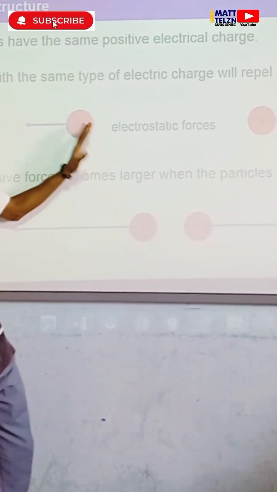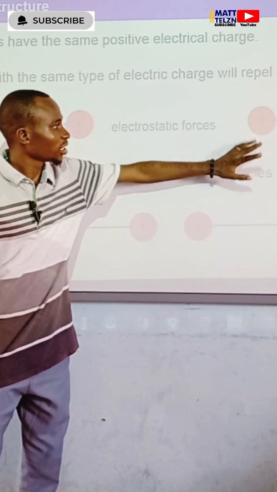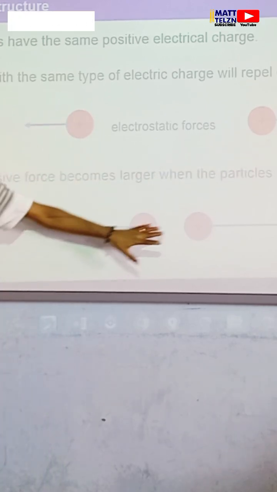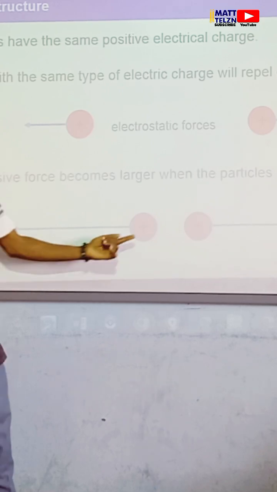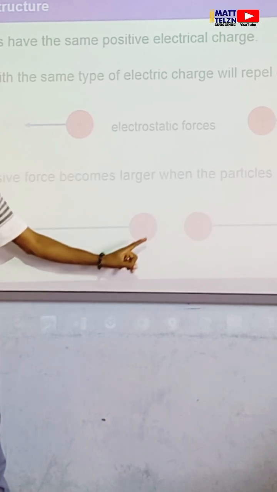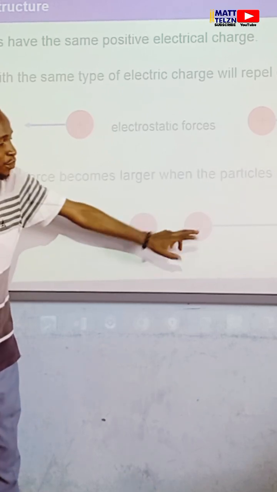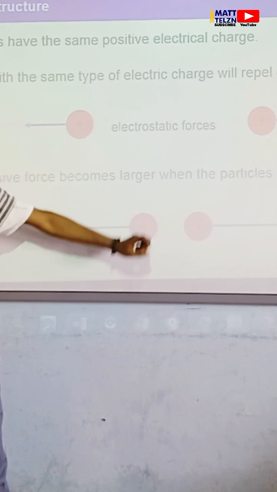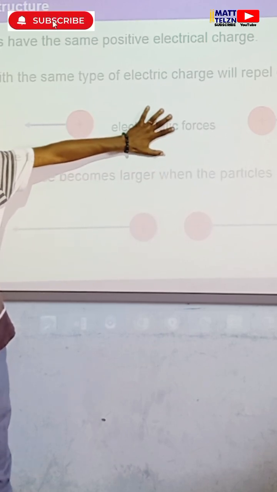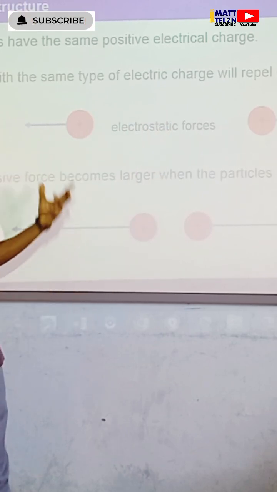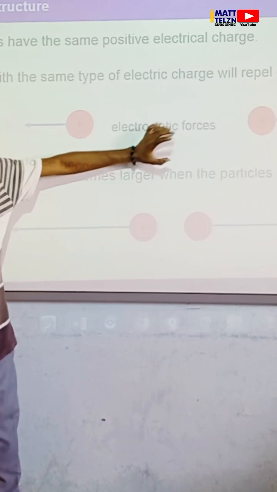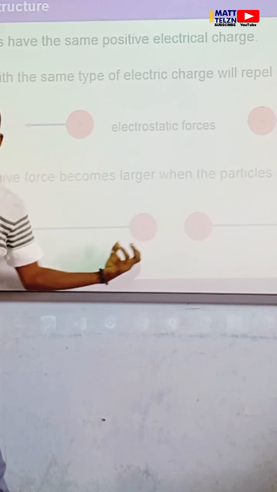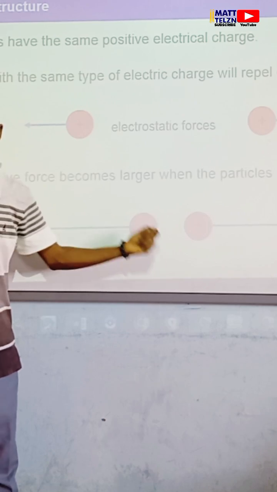These are 2 protons. The distance between these 2 protons and these other ones is not the same. So what we can say is that the electrostatic force between these 2 protons is stronger than the one between these other 2 protons. Why? Because the electrostatic force tends to be stronger when the objects are closer to each other.